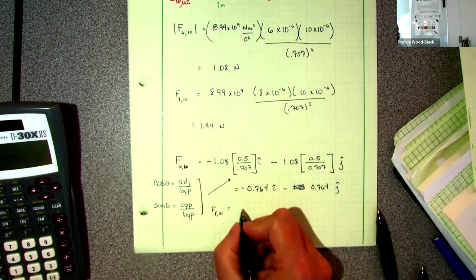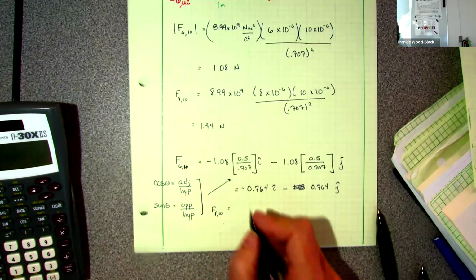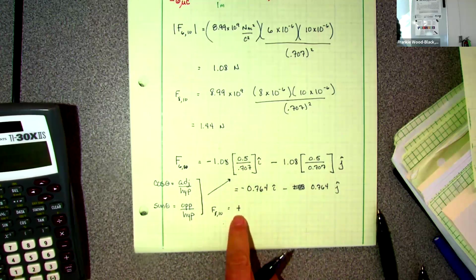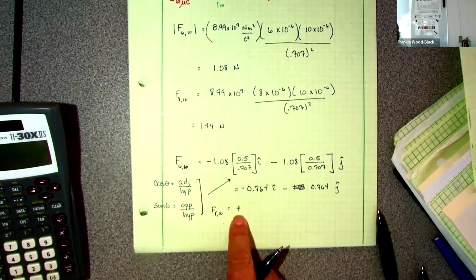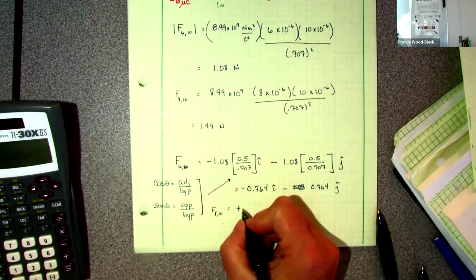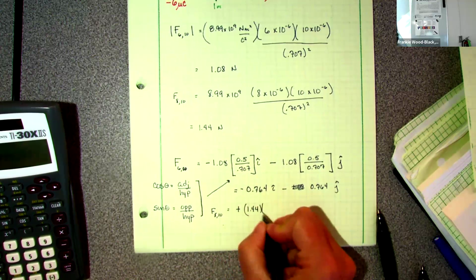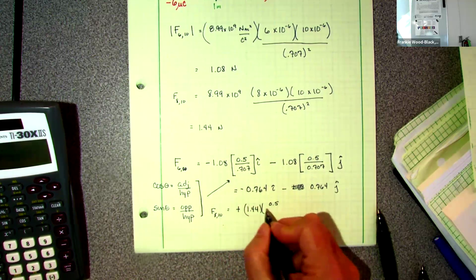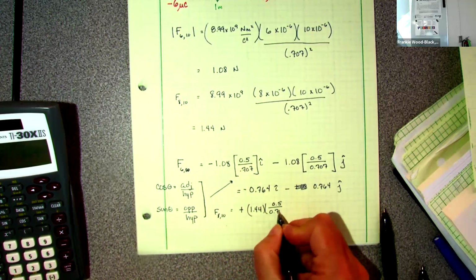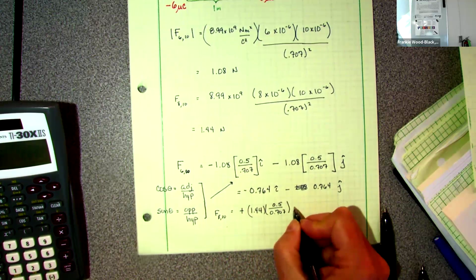So this one is going to give me, and this time I got a positive in the X direction, that's my 1.44 times my 0.5 divided by my 0.707 in the I direction.